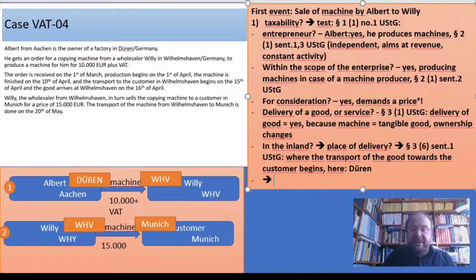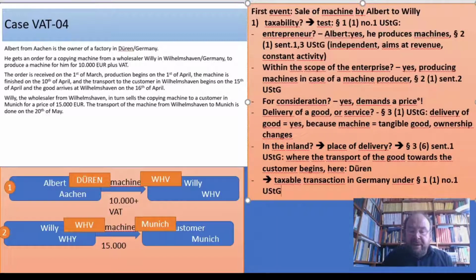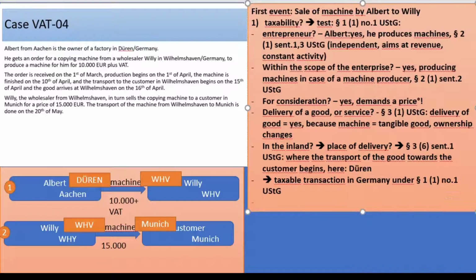So that's in the inland, so a taxable transaction in Germany under number 1 UStG.